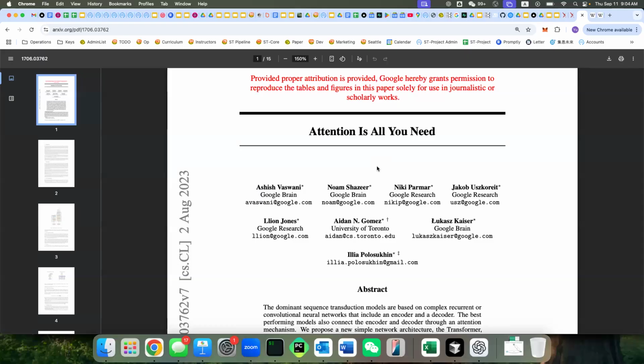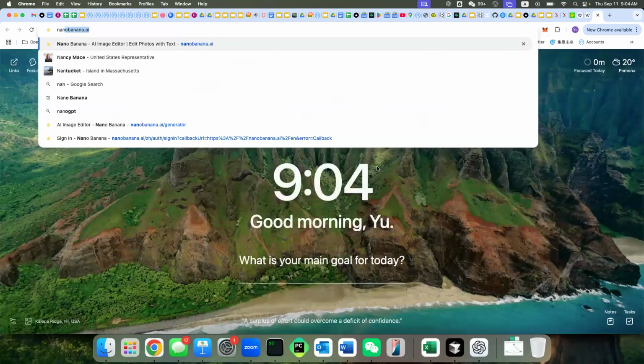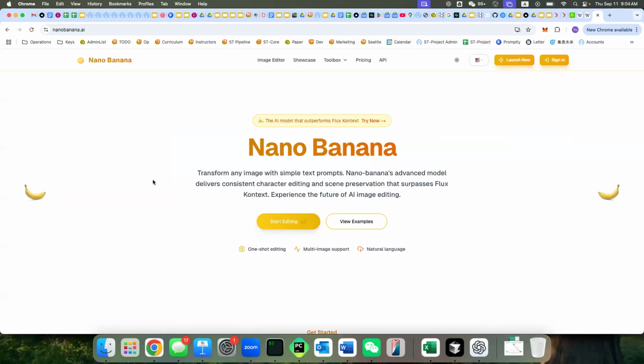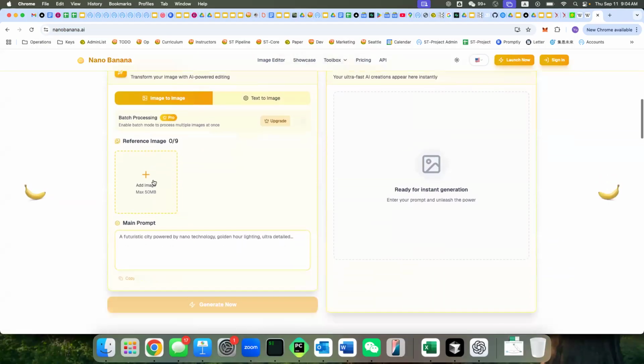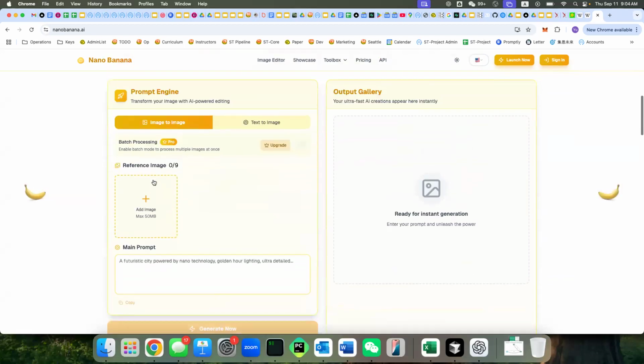And recently, Google had this model called Nano Banana. I don't know if you heard about that one. It's an image generation model, very popular. It happened recently. It's another image generation model, just like Midjourney, and ChatGPT does the same thing.